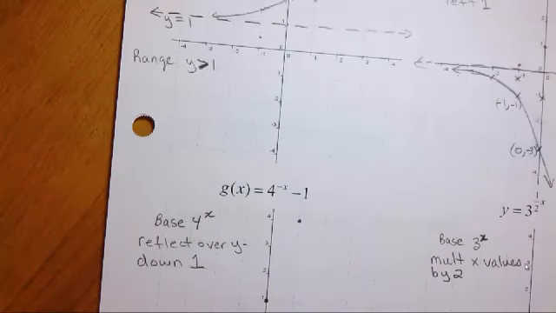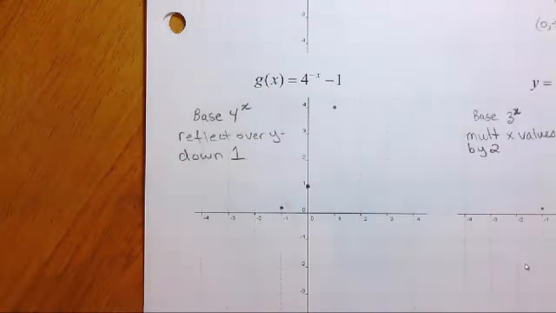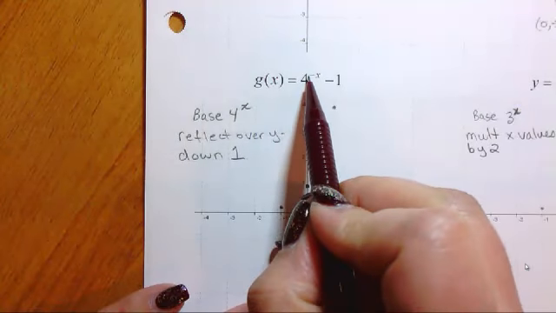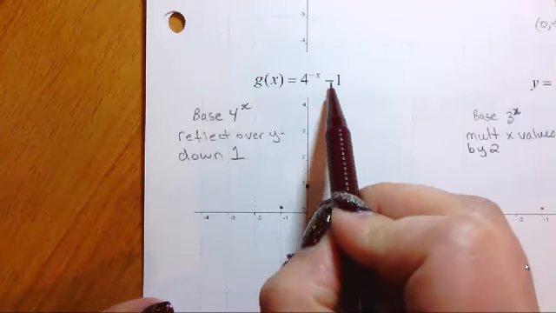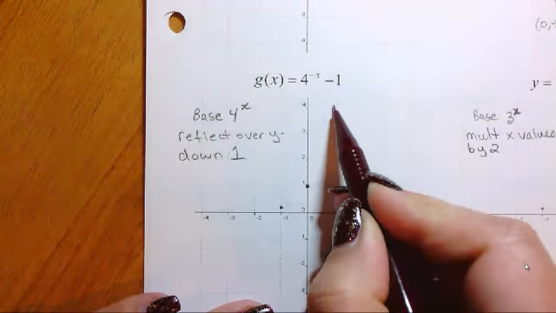Now, for this one down here, where it says g of x is equal to 4 to the power of -x, minus 1. Here are my base points.